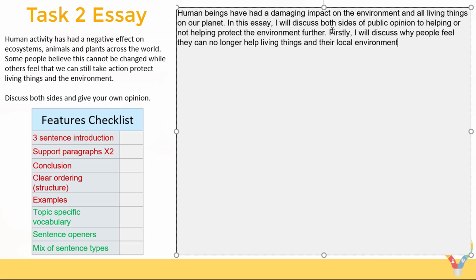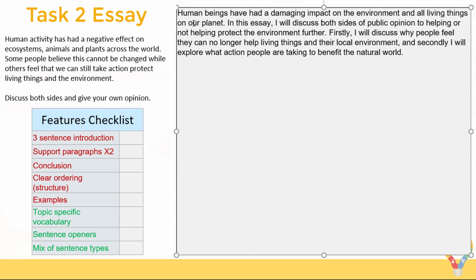I'm just trying to find new synonyms to add here. And secondly, and make sure we're spelling things correctly. And secondly, I will explore instead of discuss, what action people are taking to benefit the natural world instead of environment. So already I'm kind of using some topic specific vocabulary, which is great.